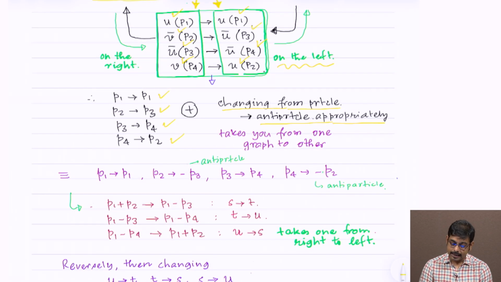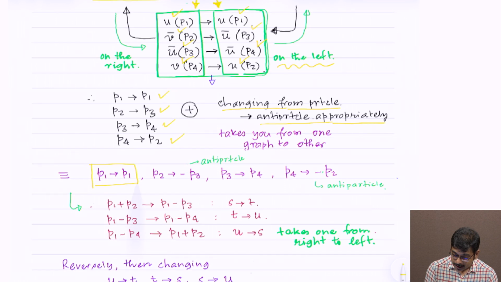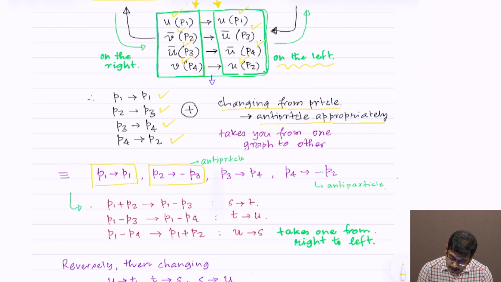So therefore, that basically amounts to the transformation that P1 is going to P1, P2 is going to minus P3, and this takes care of the fact that this is now being replaced by the corresponding antiparticle.